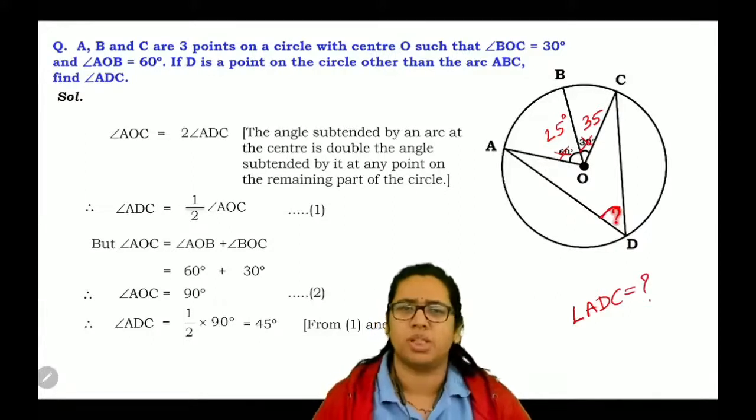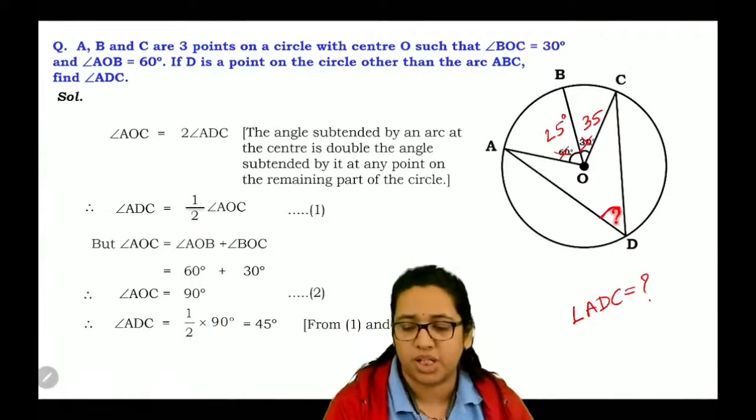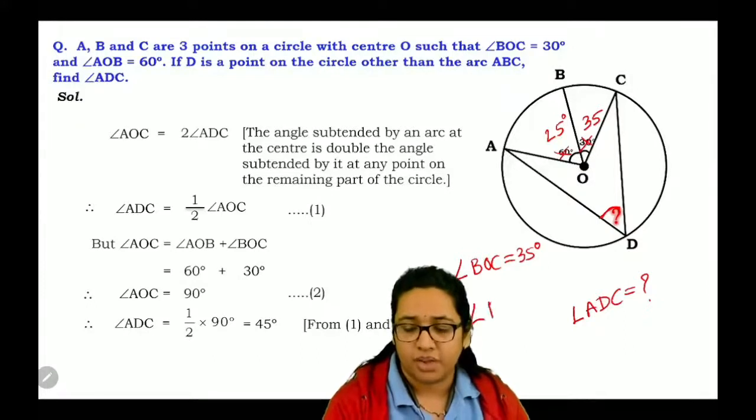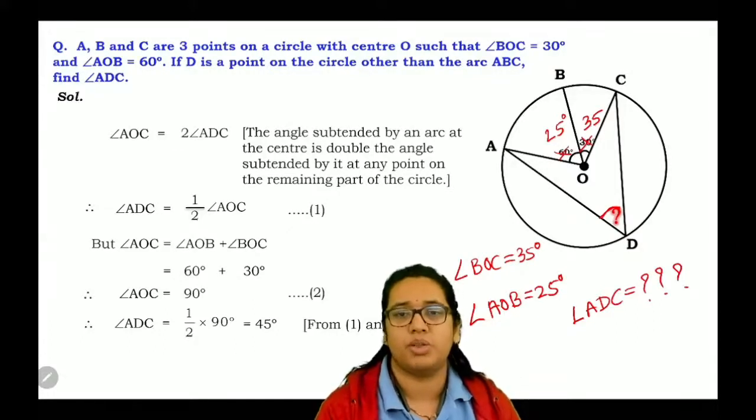Same theorem का आपको use करना पड़ेगा, सिर्फ यहाँ पे आपके calculations change हो जाएंगे. First part आपको क्या दिया था, that BOC will be 35 degree and AOB will be 25 degree. Then find what will be value of ADC.